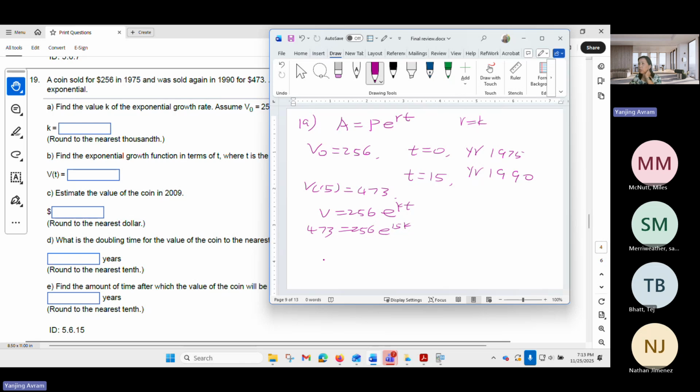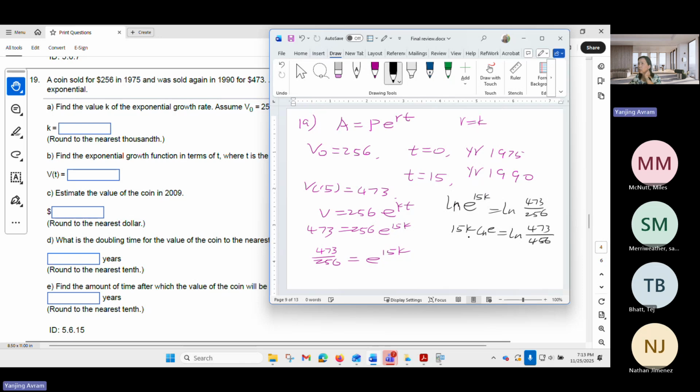So how do we solve for K? We divide both sides by 256. This e to the 15K. All right, and then we put a ln on both sides. So ln e to the 15K is equal to ln of this one. All right, so this 15K, the power, becomes the coefficient, and ln of e is equal to 1.